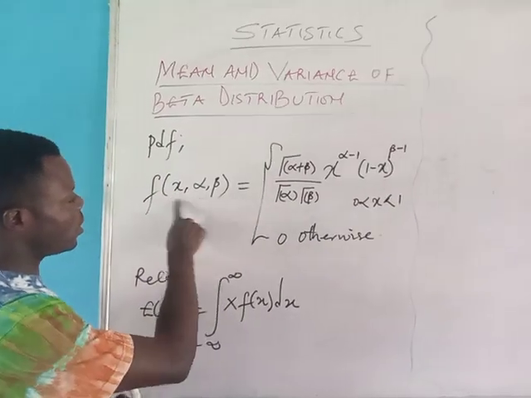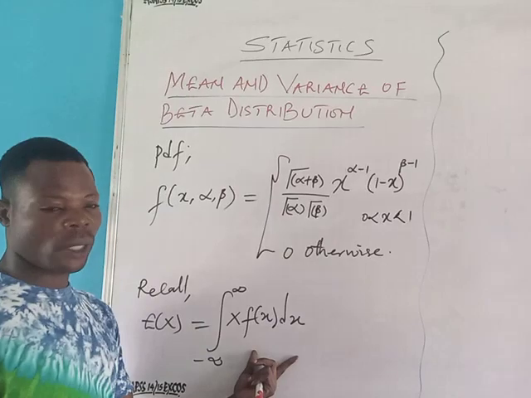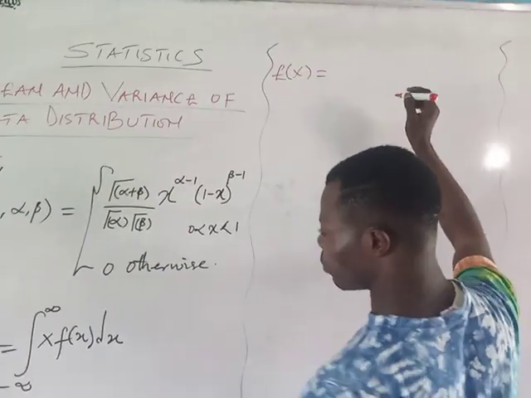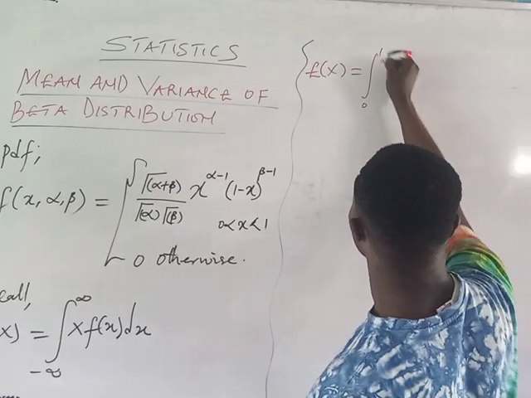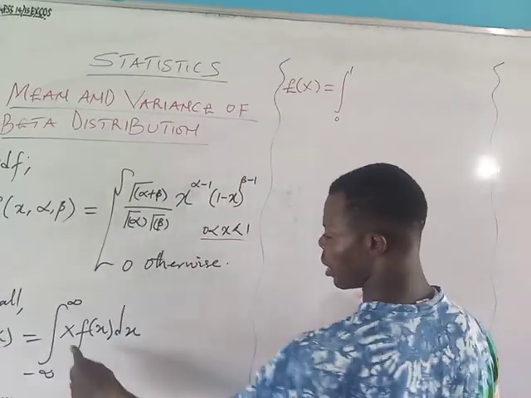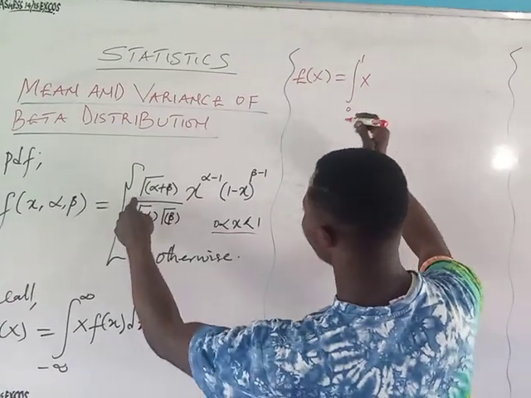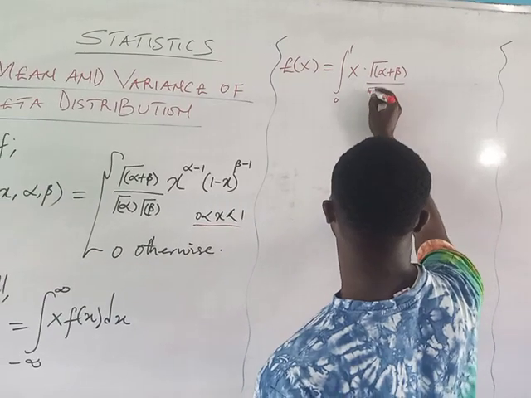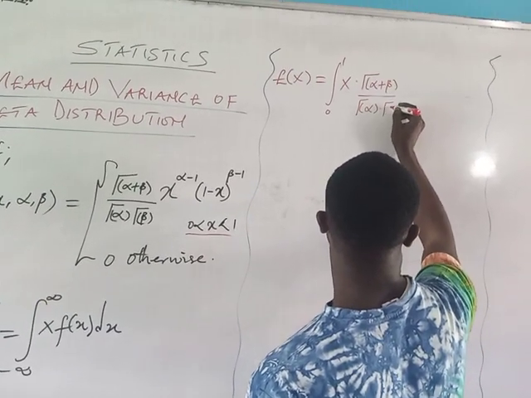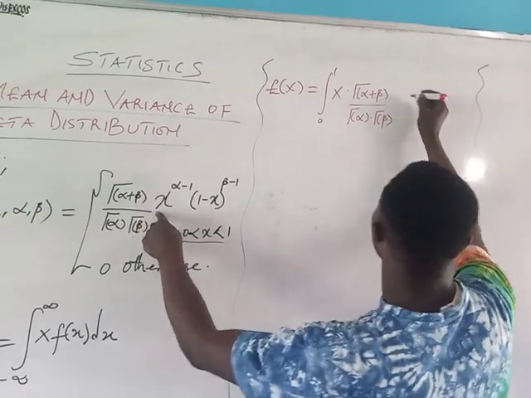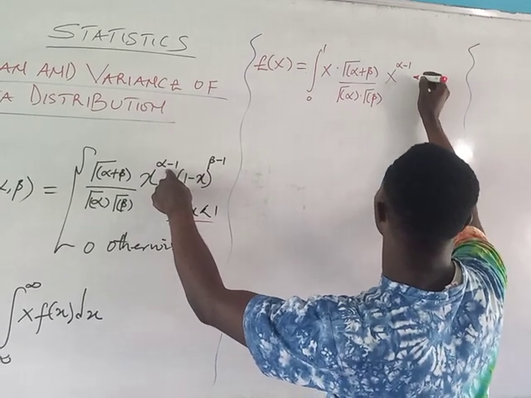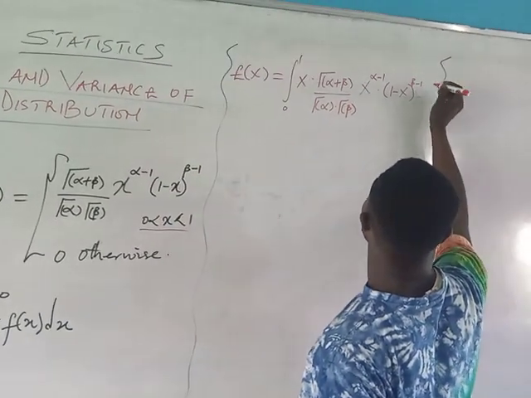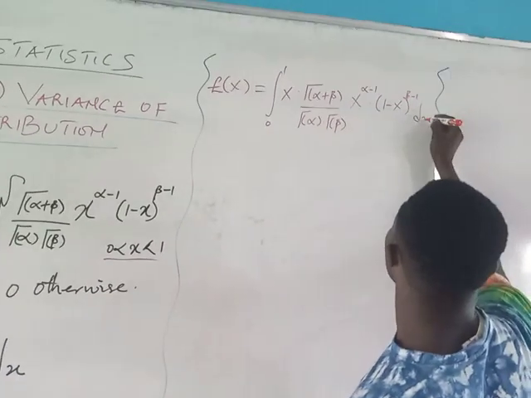Our function of x is this, which is everything here. We insert this distribution here, and when we do that, we are going to have the expected value of x equal to the integral from 0 to 1, that is the range of the variable, of x times the function of x, which is gamma alpha plus beta all over gamma alpha and gamma beta, then x raised to the power of alpha minus 1 into 1 minus x raised to the power of beta minus 1 with respect to x.